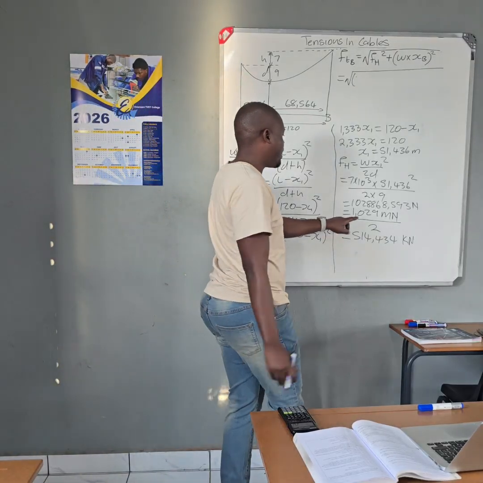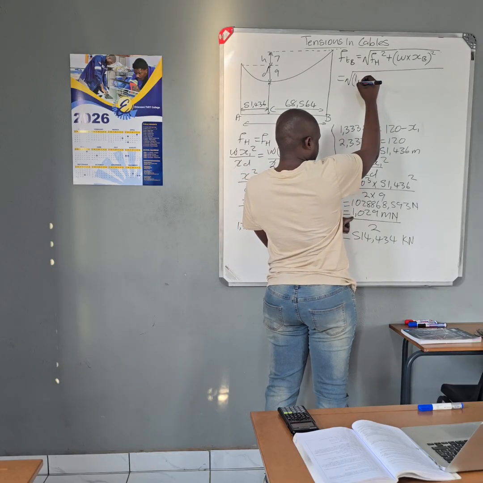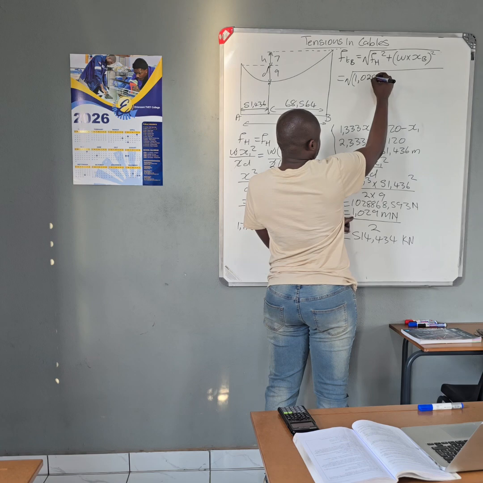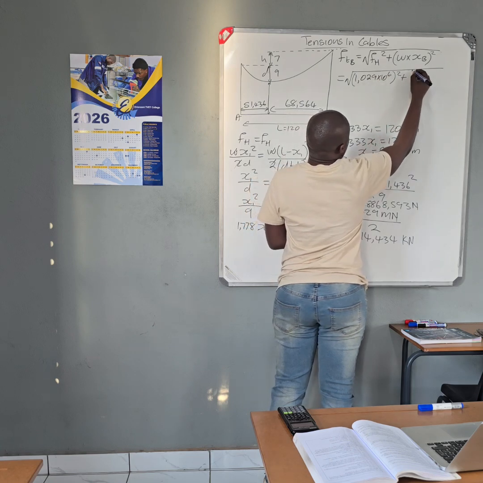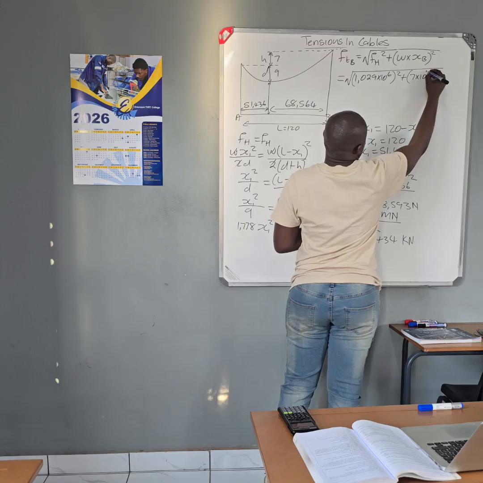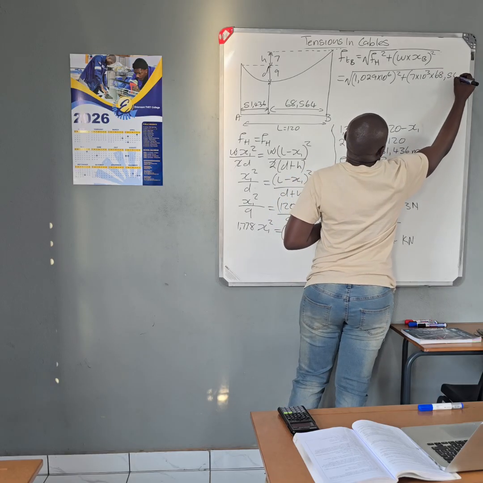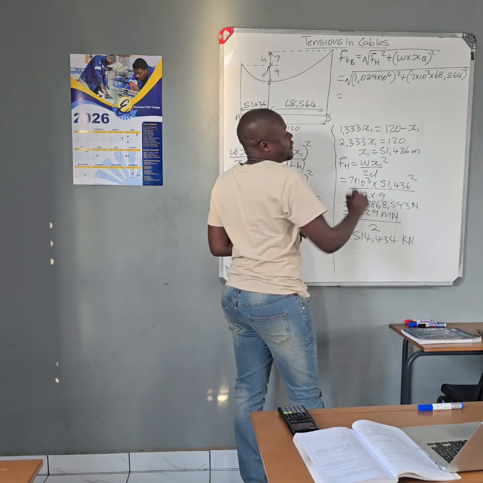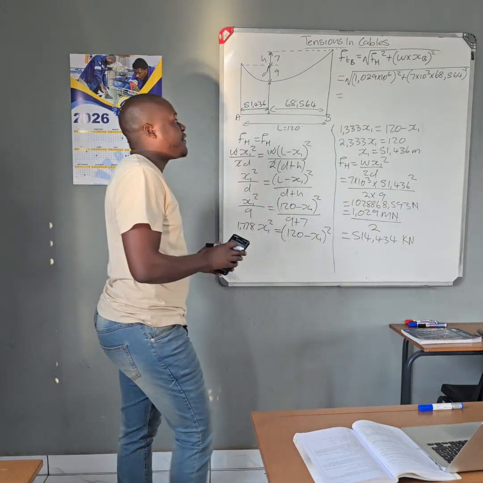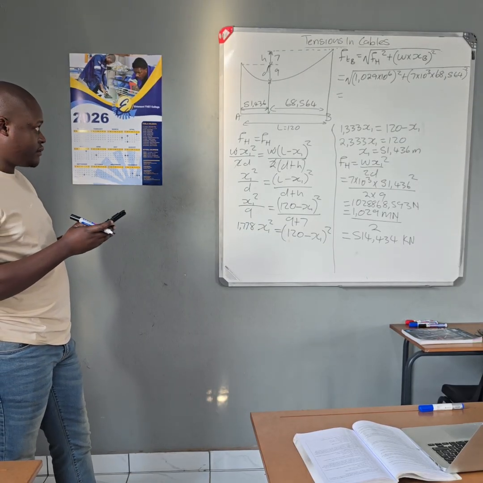Okay? For both cables, FT is equal to the square root of 1,029 times 10 to the power of 6 squared plus 7 times 10 to the power of 3 multiplied by 68,564, all this squared. Here we are going to find FT for both cables.